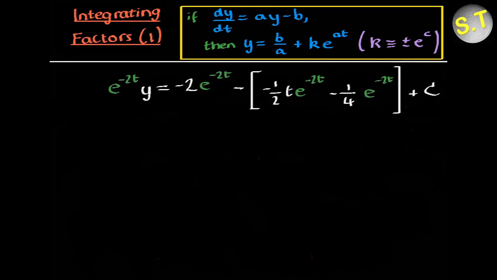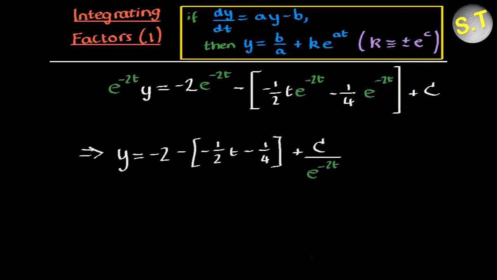And now that we've integrated both sides of our expression, we no longer need our integrating factor. So what we can do next is divide through by e to the minus 2t. And now to solve for our y of t, all we need to do is simplify this expression. So this part in square brackets here came from our integration by parts.